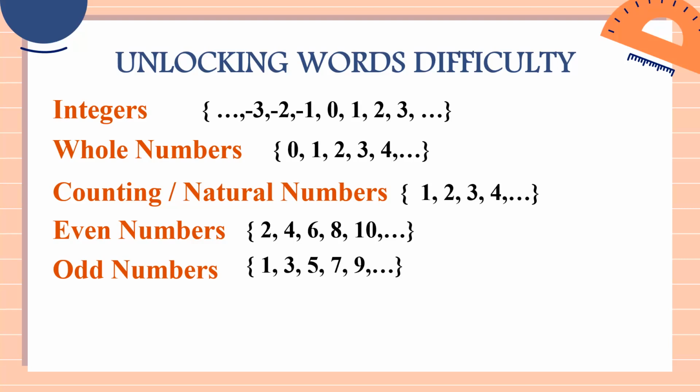Because if you divide 1 by 2, you will get a remainder. Example, 1 divided by 2, the answer is 0.5. So therefore, class, we will get a decimal answer. We will get a remainder. So numbers that are not divisible by 2. So 1, 3, 5, 7, 9, 11, 13, 15, and then so on and so forth.